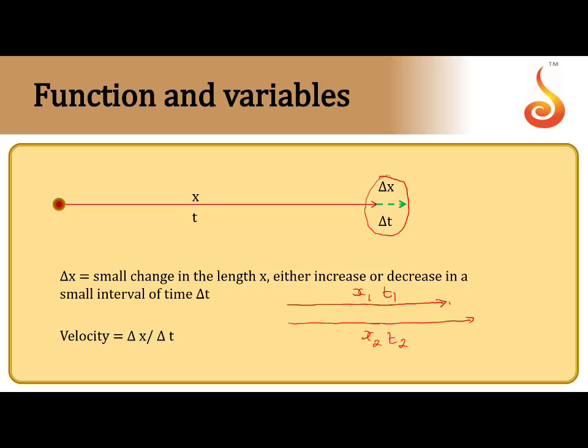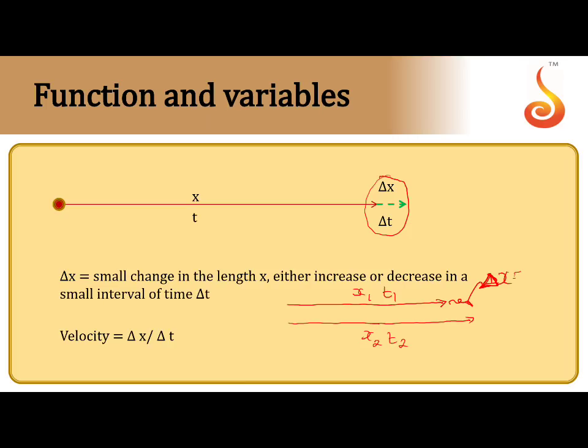Then if you observe, there is a small difference in the distance covered. This small, it should be relatively very, very small. Then you call it delta x. This is a Greek alphabet written as a triangle called delta.